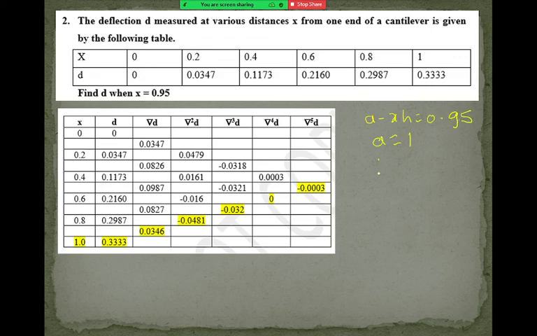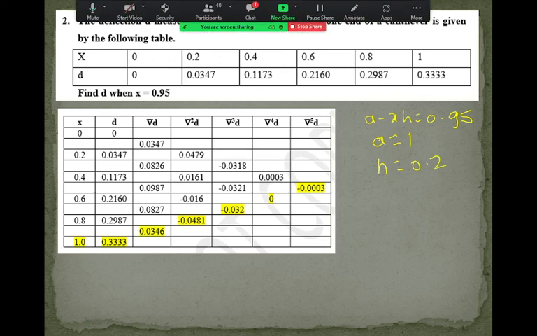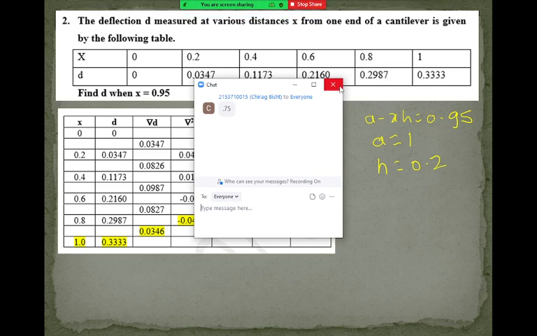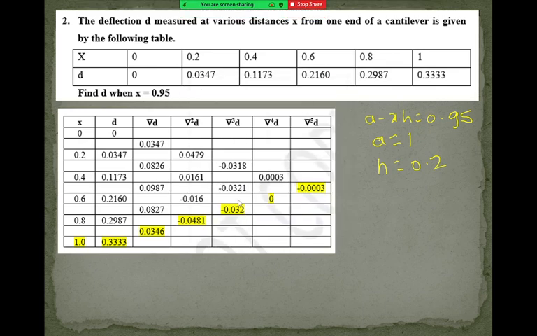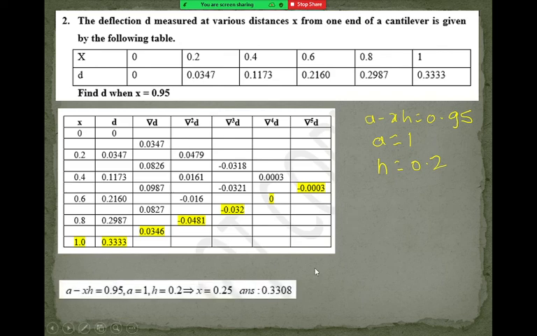What is h here? 0.2. Good. And then we have to find out the x here. Has anyone completed the calculation for x? 0.75. Okay, good, Chirag. I think, let me see. No, x is 0.25.